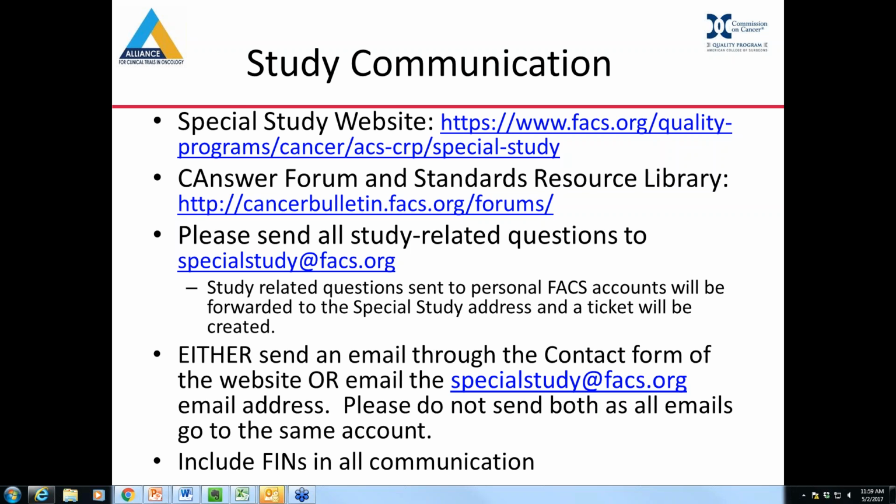So as long as the MD note says a recurrence, that would be the first date of recurrence. And if they do not, and the patient receives treatment for recurrence, then you would also document that as recurrence.